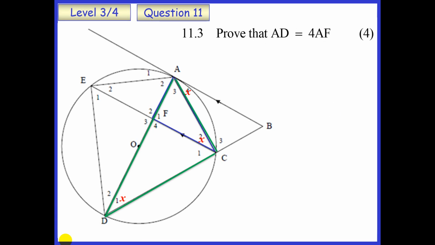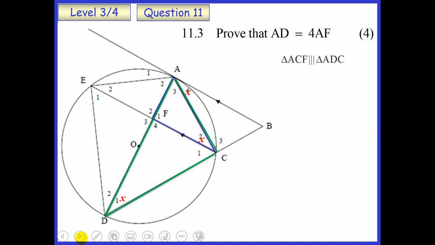Going on now to the last question, which says prove that AD is equal to 4AF. We're working with sides, and what's going to help us here is the corresponding ratios being equal.